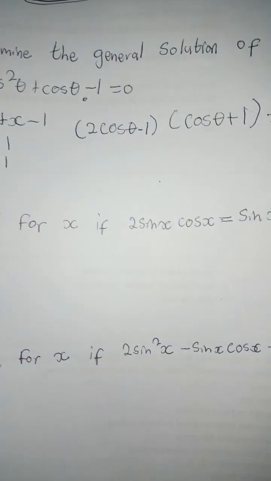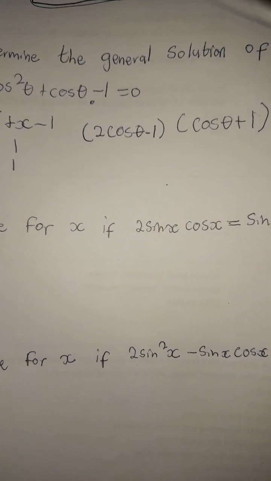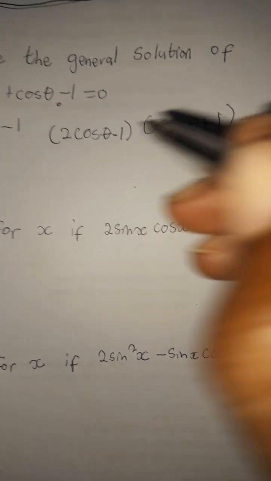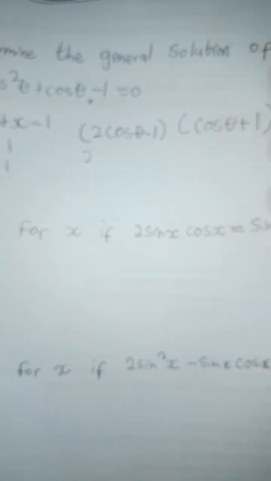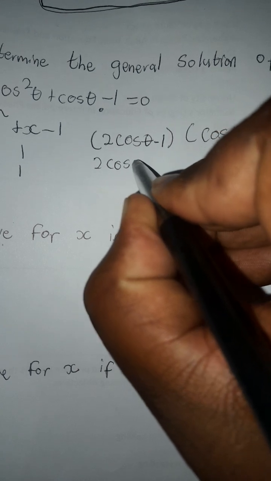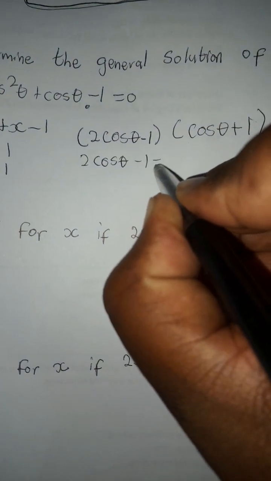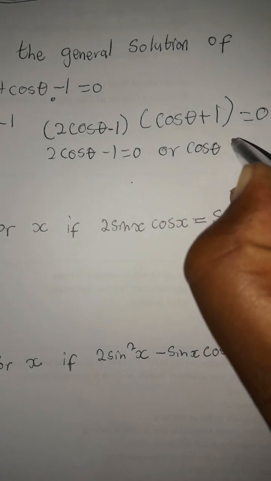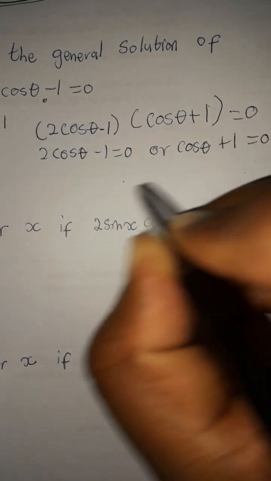Remember, if it's negative on the left hand side and in the middle term you have positive, we are going to have different signs. So we will then equate everything to 0. So we have 2 cos theta minus 1 equated to 0, or cos theta plus 1 equated to 0.